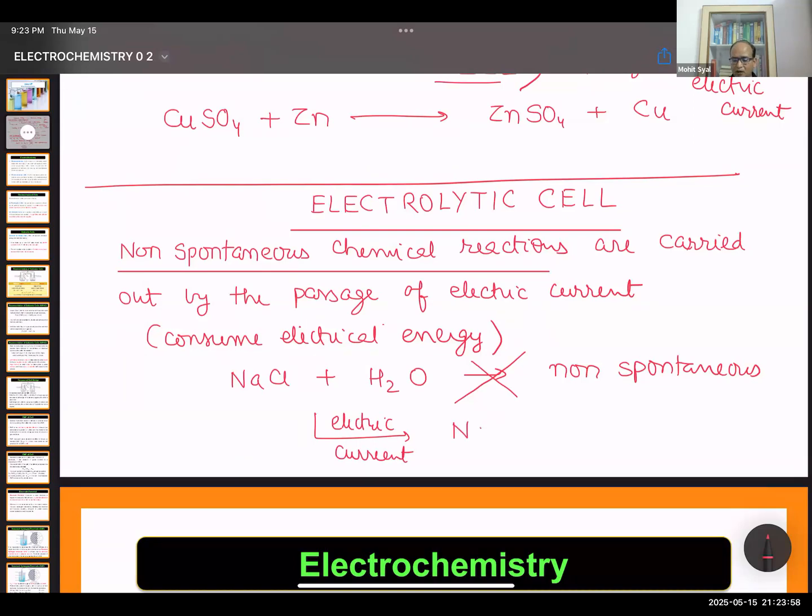You get NaOH now; earlier you were not getting NaOH. HCl also breaks down into H2 and Cl2 because of the passage of electric current. So this is the reaction which takes place in the electrolytic cell. The electrolytic cell consumes electrical energy and new chemical substances are formed.